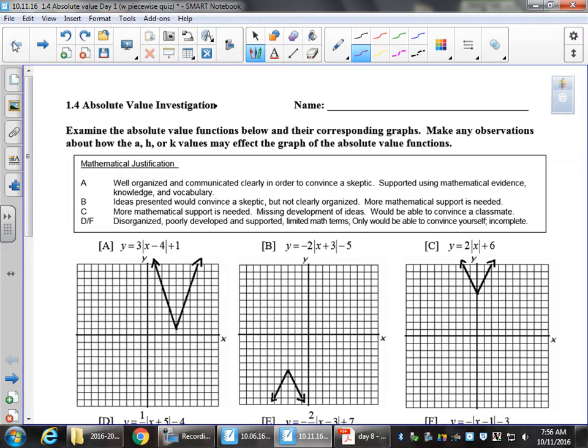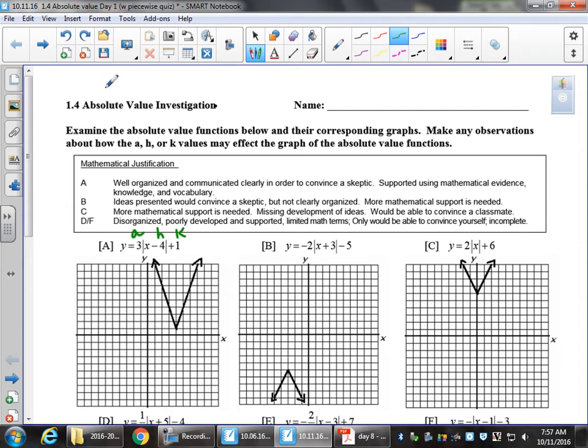Make any observations about how the a, h, or k values may affect the graph of the absolute value function. So let's agree. For example, in graph A, what is a? What's h? We'll come back to that. I'm hearing a -4. And what's k?